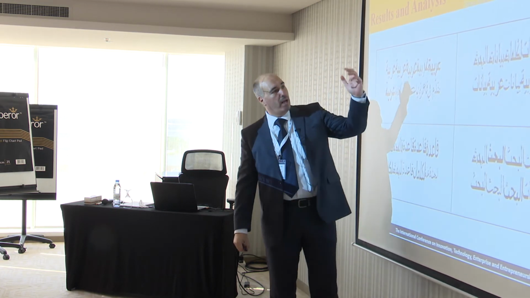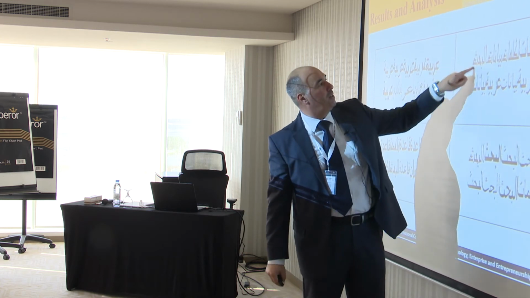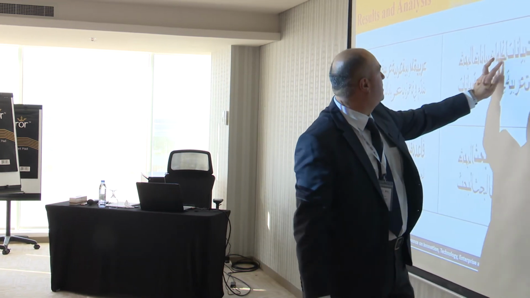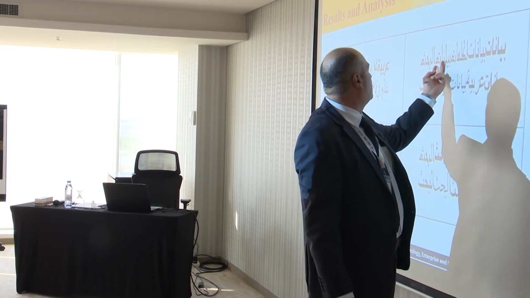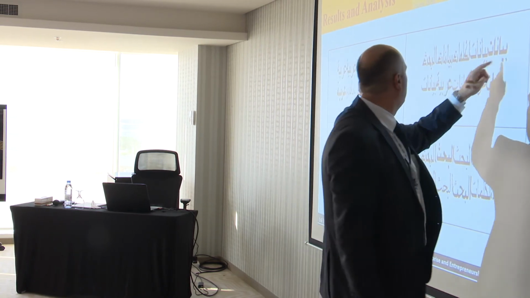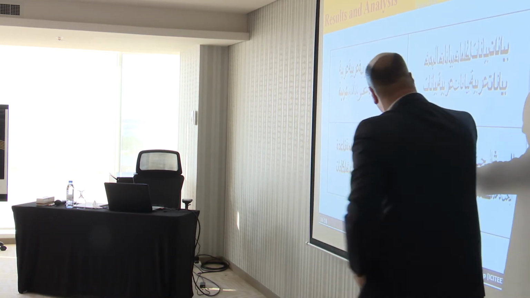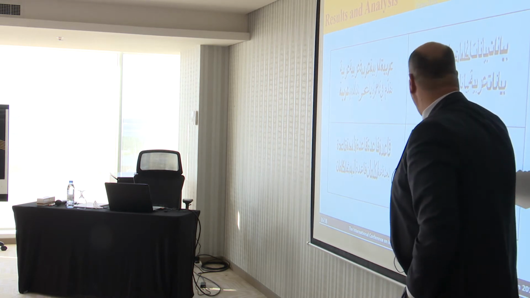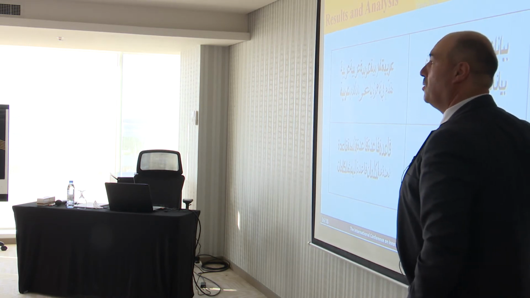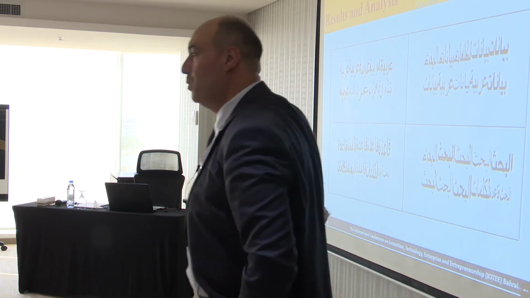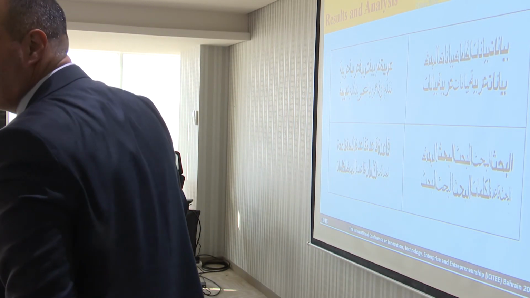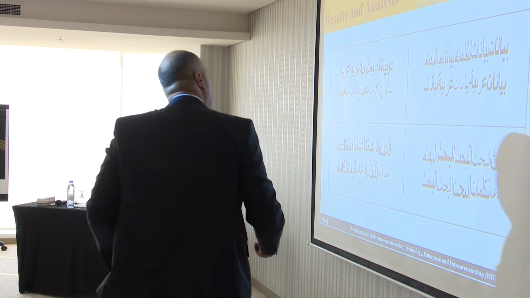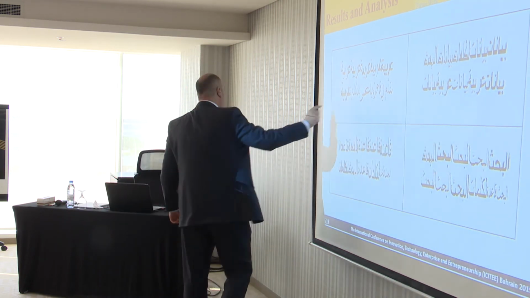For example, for bayanat, this is wrong; al-bahth, then bayanat, kalimat, it is because it is very near to bayanat. So this is all of the extracted words from that page. See, this is the main problem.